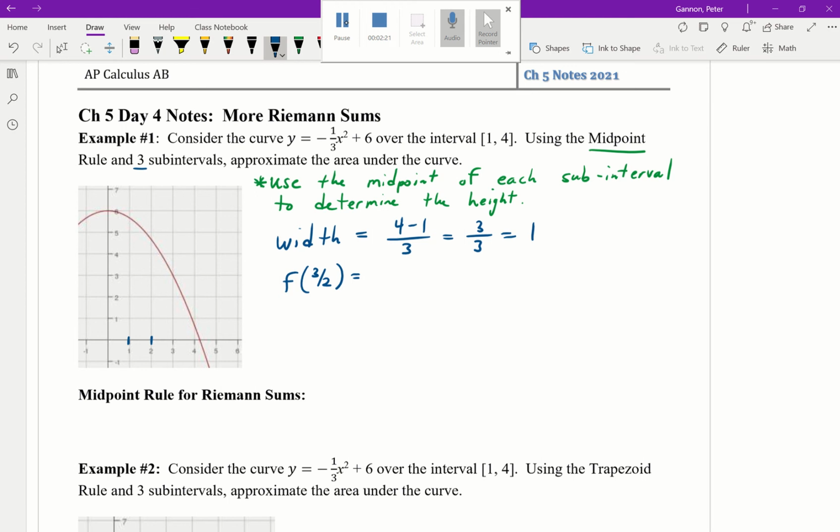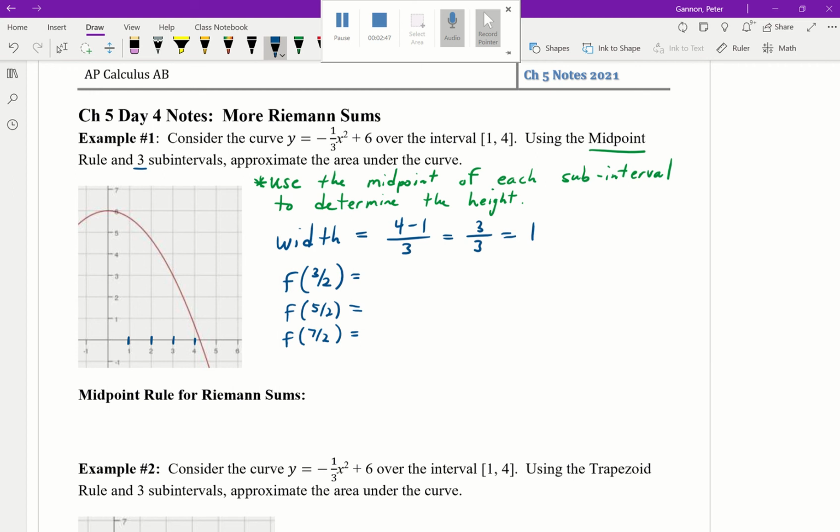Our next interval would go from 2 to 3. So the midpoint of 2 and 3 is 2 1/2, which is 5/2. And our last interval is going to go from 3 to 4, which has a midpoint of 3 1/2 or 7/2. I'm just using fractions, a little bit easier to plug those in.